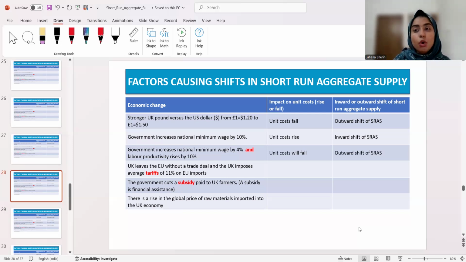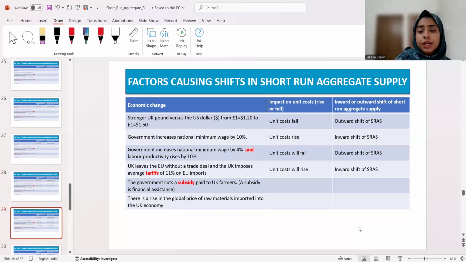Like I think you all heard about the recent trade war between China and the US. So an 11% tariff against European Union imports means the cost of production will increase, right? That can disrupt production and reduce the supply. So, inward shift in SRAS.